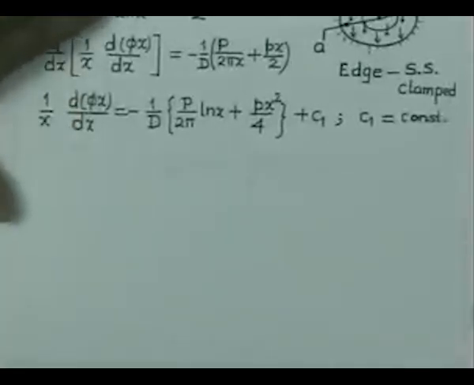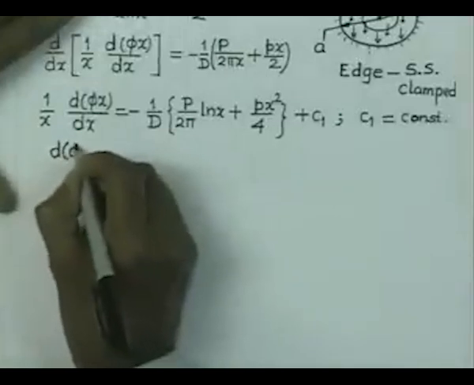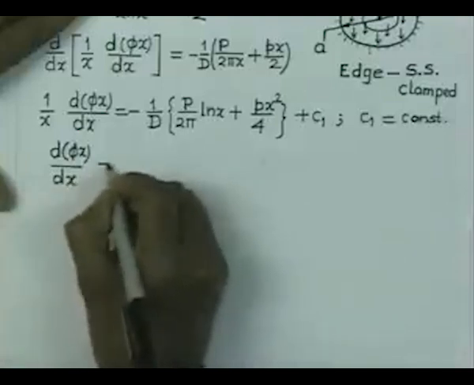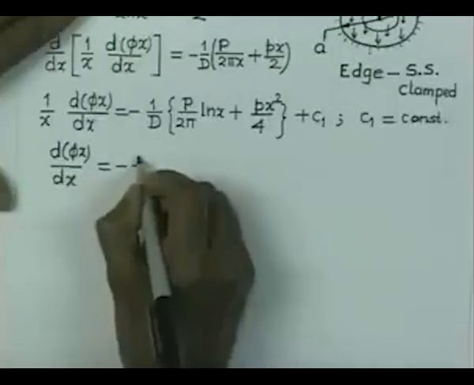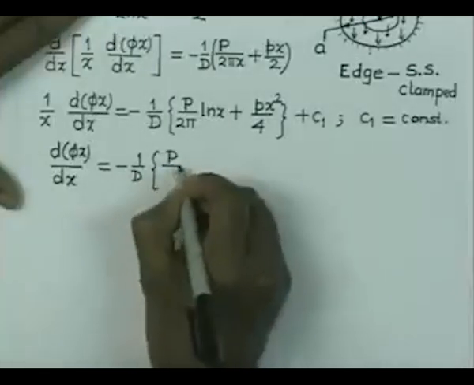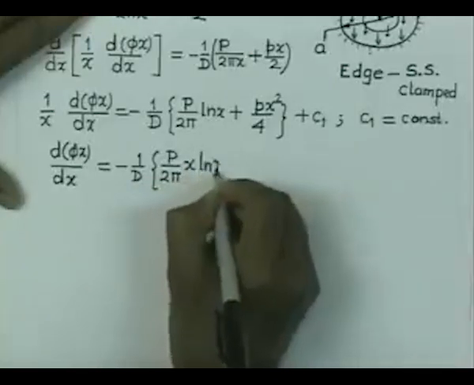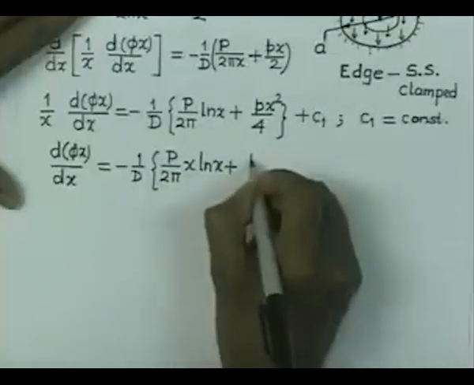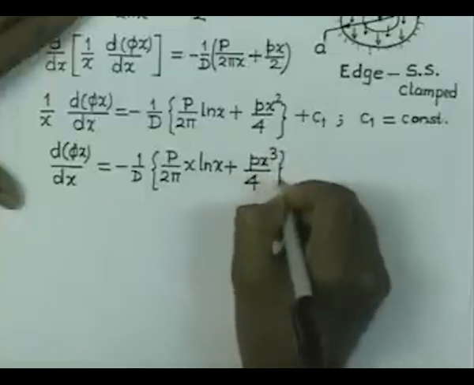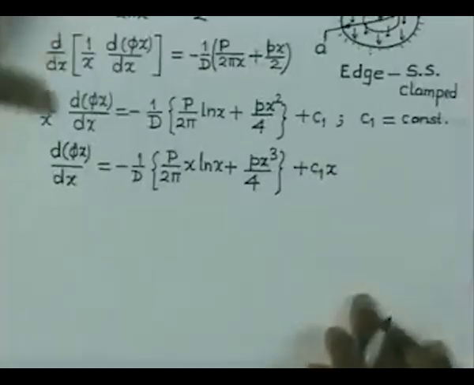Again integrating once more, we get, or rather we can rewrite this expression in this form: P by 2 pi x ln x plus P x cube by 4 plus C1 into x.